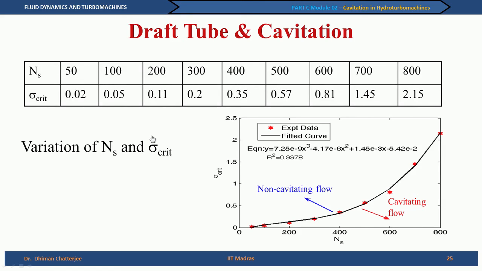The same data is also given in the form of a table. Thus, in order to avoid cavitation, we have to restrict the height of the turbine. In the tutorials in week 7, we will give you some problems to solve on cavitation involving draft tubes as well as pumps.